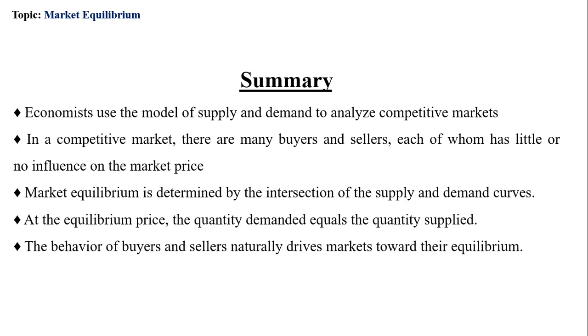At the equilibrium price, the quantity demanded becomes equal to the quantity supplied, and the behavior of the buyers and sellers naturally drives the market towards the equilibrium. It's the buyers and the sellers which basically bring equilibrium into the market.